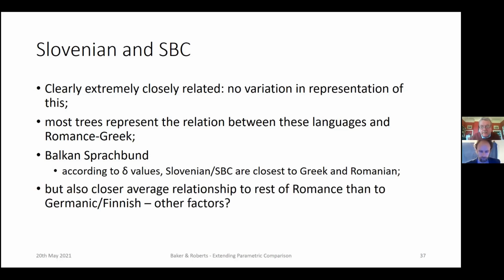Again, we're hoping to get data soon on Bulgarian, which will be very interesting in this connection. But there is also a closer average relationship to the rest of Romance than to Germanic within Indo-European and to Finnish, in fact. So there are possibly other factors at work here, maybe reflecting the fact that Germanic itself as a family has something of an outlier status within Indo-European.